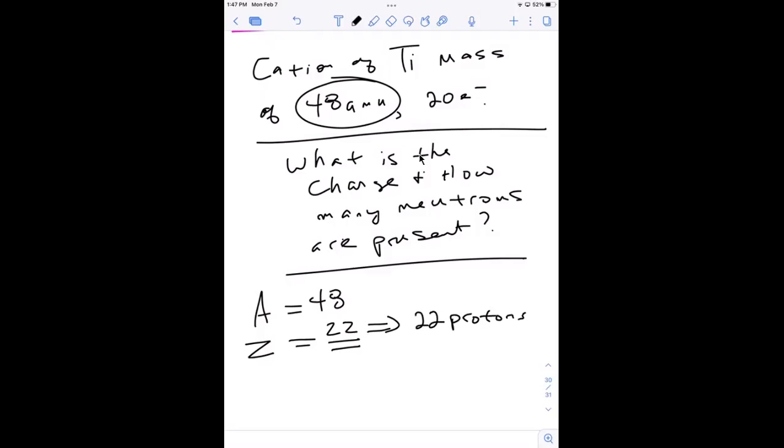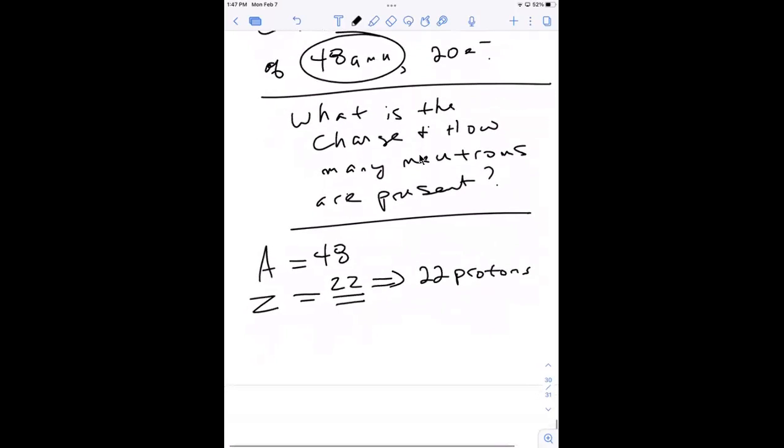If the atomic number is 22 and the protons don't get affected by ionization, then we don't care about the electrons being lost or gained. That number never changes. So if I have 22 protons, I can determine the charge by taking the protons and subtracting out the electrons. Does that make sense? Because that tells me how many electrons I actually lost.